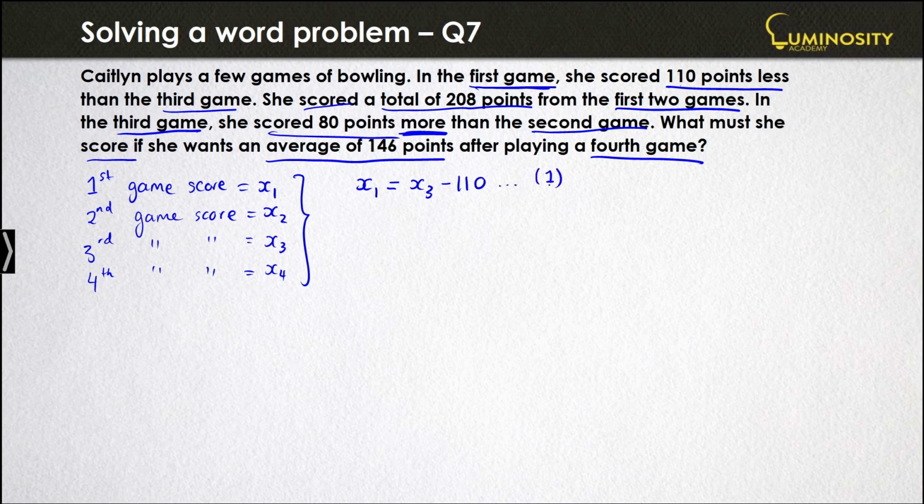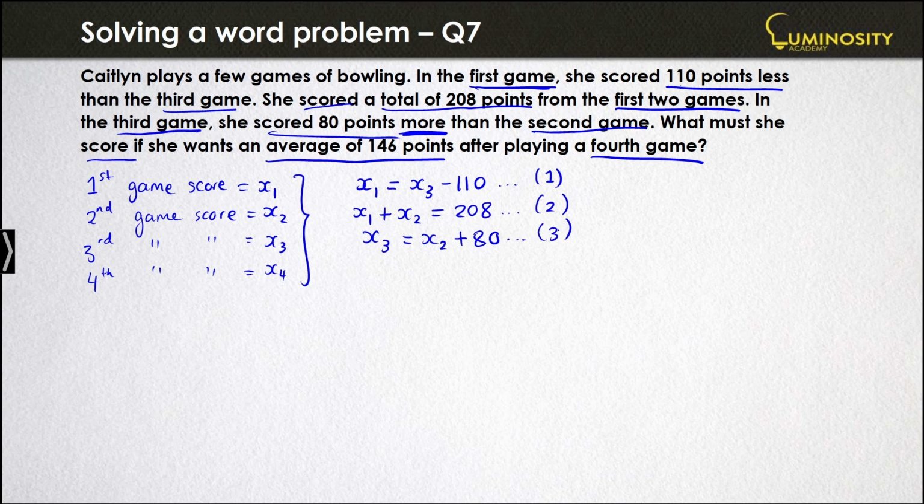She scored a total of 208 points from the first two games. So if we add up the score for x1 and x2, we get 208 points. This is equation 2. In the third game, she scored 80 points more than the second game. So the third game score x3 is the second game score x2 plus 80 points on top of that. That is equation 3.